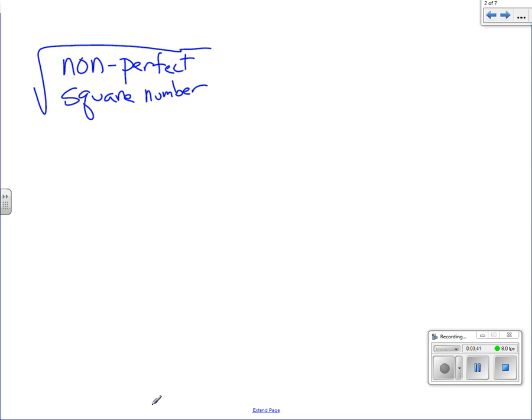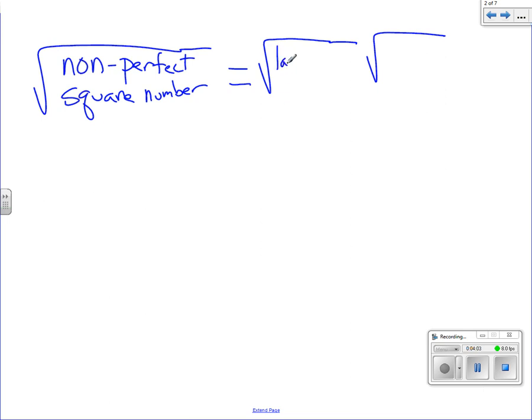We have to find a way to still be able to deal with these kinds of numbers, and here's what we're going to do. We're going to break the number up. We're going to smash it into two pieces. The first box is going to be for our largest perfect square factor.